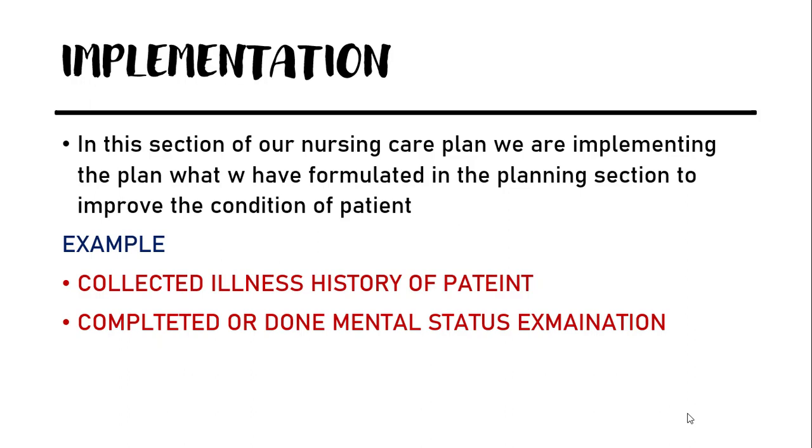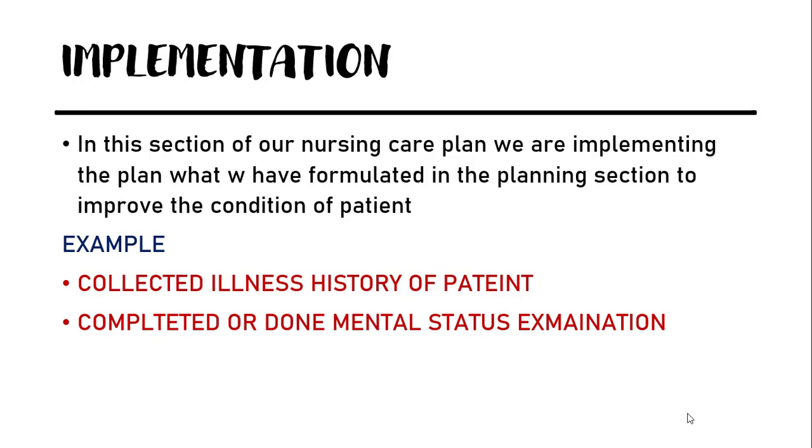So again, telling the example. If you see this example, you will understand easily. Collected illness history of the patient. So you have planned in the planning column, collect illness history. In the rational column, you have written: to understand the general condition of the patient. In the implementation column, you are writing collected illness history. So you have implemented it.